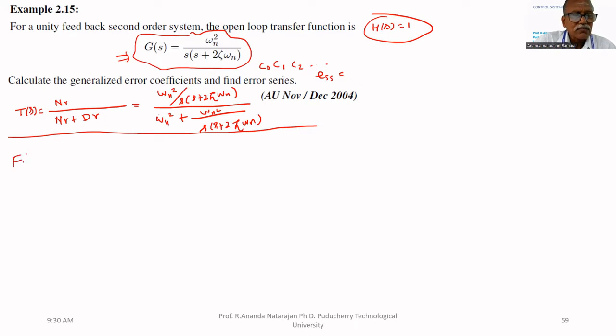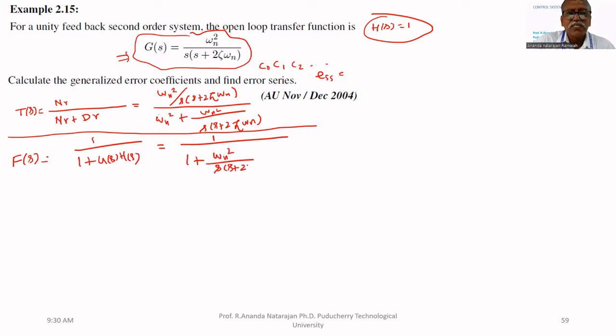F of S equals 1 upon 1 plus G of S, H of S. That is equal to 1 upon 1 plus omega n square upon S multiplied by S plus 2 zeta omega n, with H of S equal to 1.